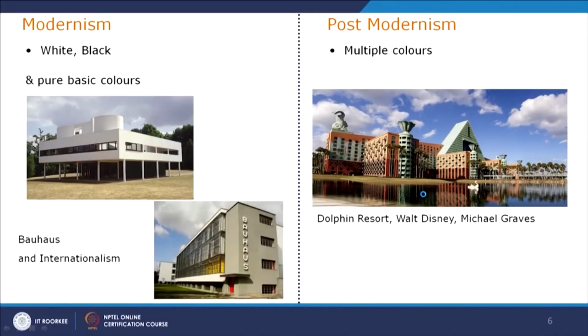Now in modernism, purity was also there in the form of color and texture, which is white, black and pure basic colors, used mostly in the modern era. We have not seen colors like purple, pink and different sap greens. Mostly it was yellow and blue and white and gray and black, and the color and texture of the material.